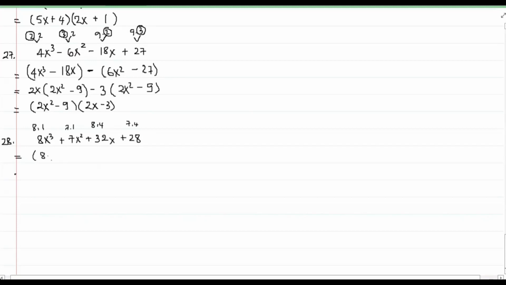So I will group the 8x cubed plus 32x, the 8 in common, right? Plus 7x squared plus 28.